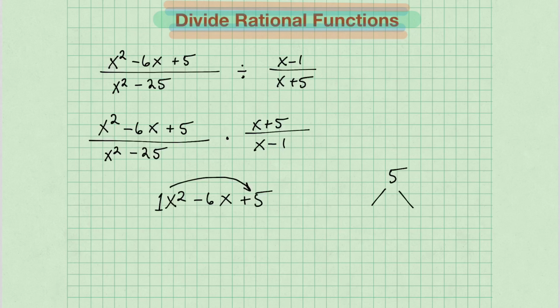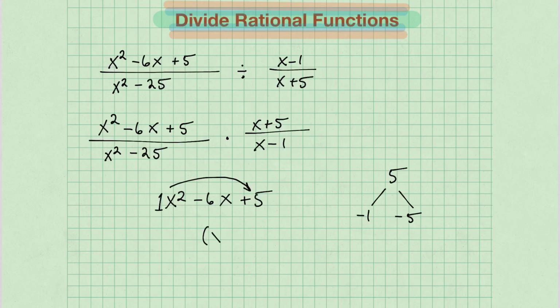And we need to find factors of 5 that when added together will give us a negative 6. So there's our negative 6. What two factors of 5 will give us, added, a negative 6? If you think about it, that's a negative 1 and negative 5. If I multiply negative 1 times negative 5, that gives me a positive 5. So there's our two factors, negative 1 and negative 5.